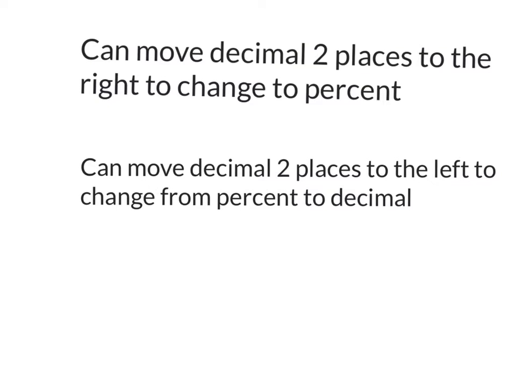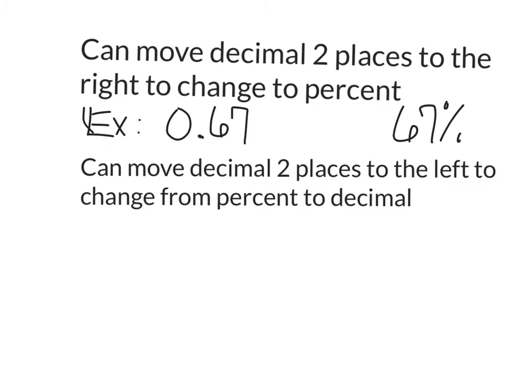So kind of the pattern here that I was mentioning a minute ago is we can move the decimal 2 places to the right to change it to a percent, or alternatively we can move a decimal 2 places to the left to change it from a percent to a decimal. Okay, so for example, if we have a decimal, let's say we've got 67 hundredths, our percent is going to end up being 67%.